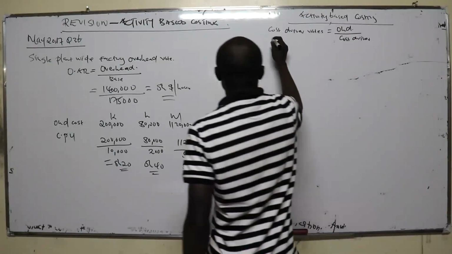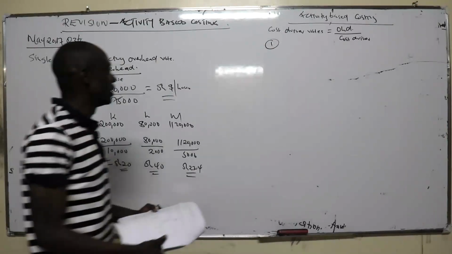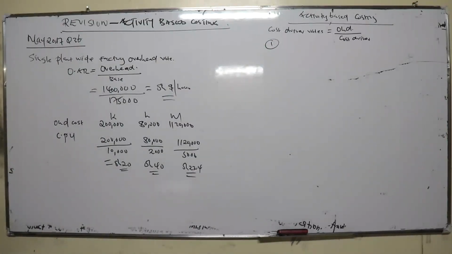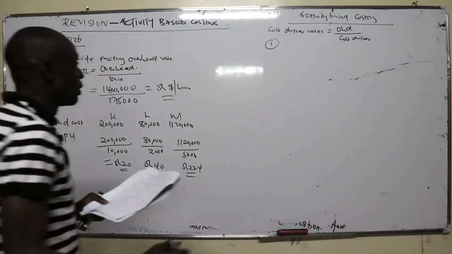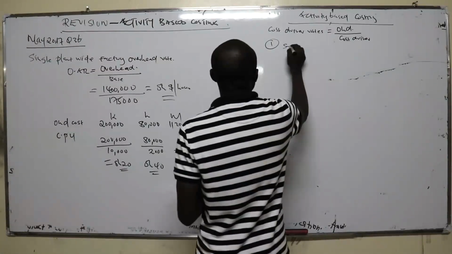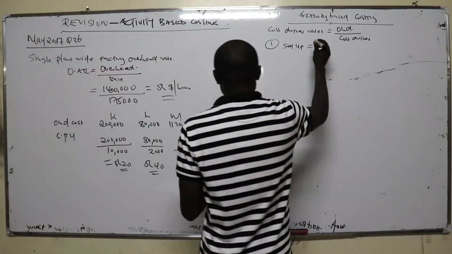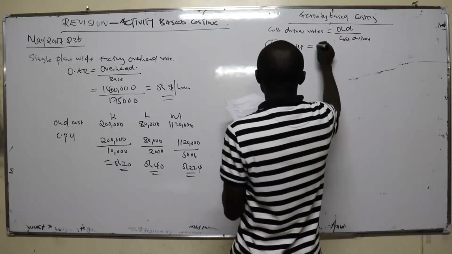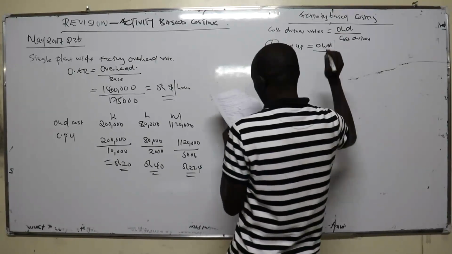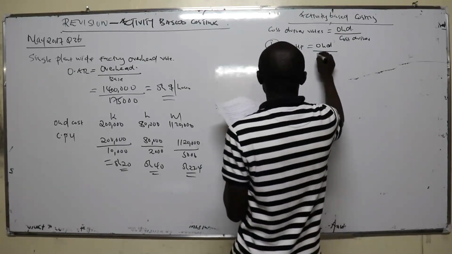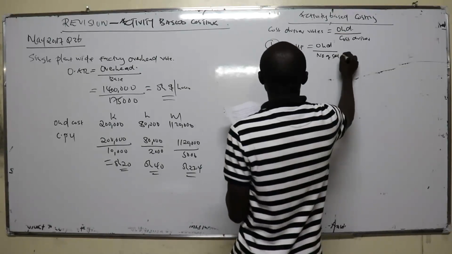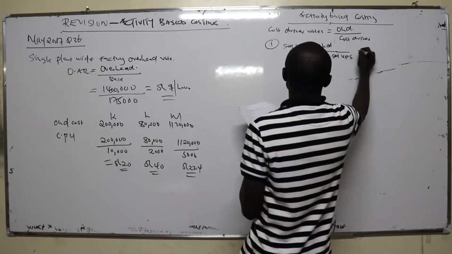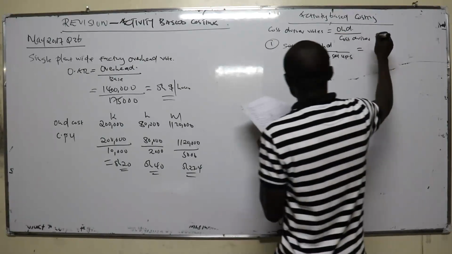The first activity we have is called setup. Setup is going to be overhead over the number of setups, which is the overhead for setup.